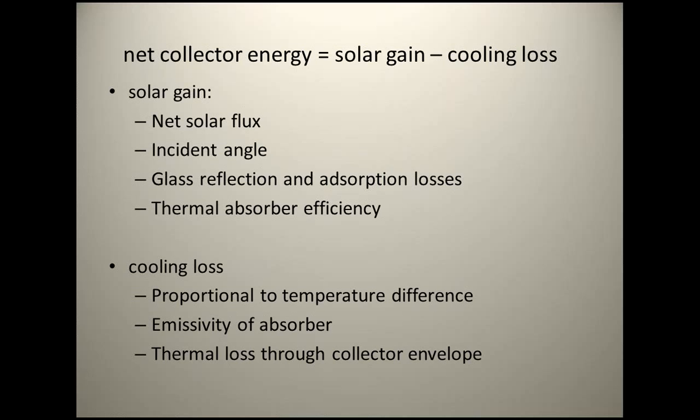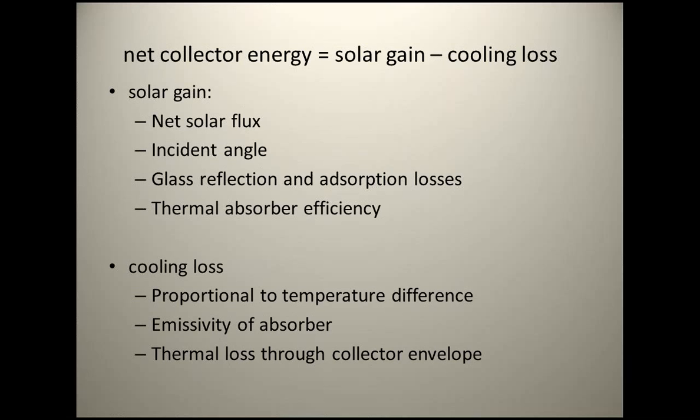When this plate gets hot, thermal energy comes off of it, and you can reduce that by changing the emissivity of the absorber. That has to do with the coatings on these absorbers. So they want an absorber that's highly efficient at absorbing energy and really terrible at transmitting infrared.